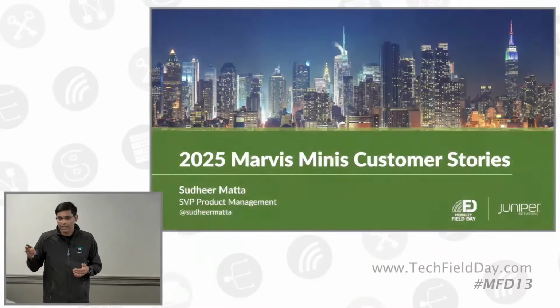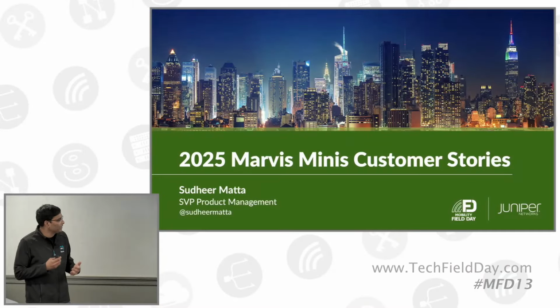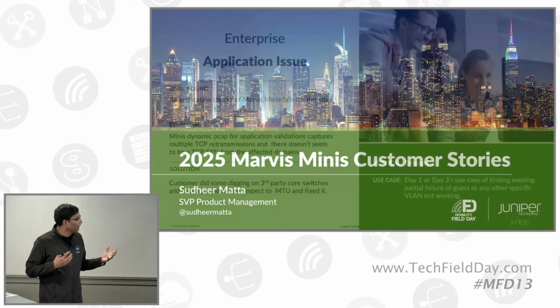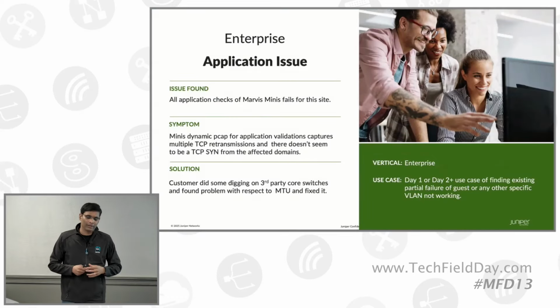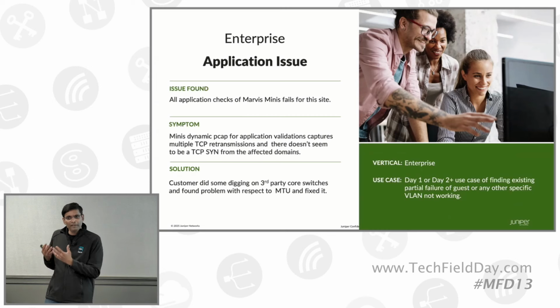Okay. Super. Very good. With that, Bob, we'll maybe do a couple of quick stories. Marvis Minis, because it has become truly the source of truth in networking, has become very deterministic in delivering some amazing customer outcomes. This is an example of a company where we were detecting application reachability issues.